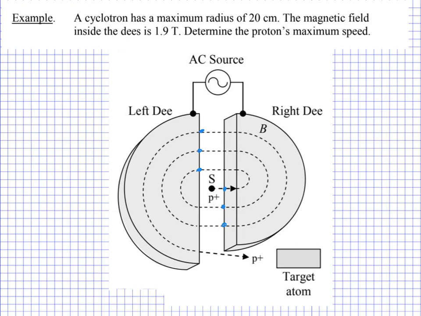And so its maximum speed will be, as it leaves, the velocity here, this V max is the same as this V max. It's going the fastest it can possibly go as it leaves the cyclotron. And that's why this end piece is missing. There's a gap, so it can now leave the cyclotron and hit whatever you want it to hit.